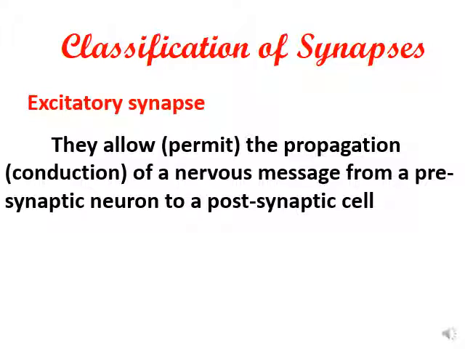Excitatory synapses allow the propagation of a nervous message from the presynaptic neuron to the postsynaptic cell. Why did I say cell? Maybe it's a neuron, maybe a muscle, or maybe a gland. So excitatory synapses allow or permit the propagation of the nervous message from the presynaptic to the postsynaptic.